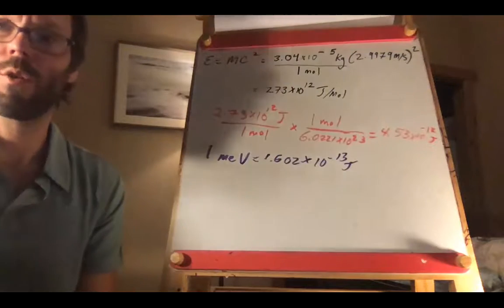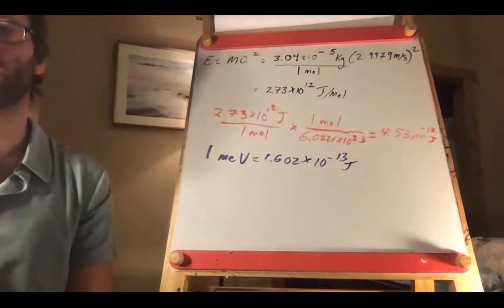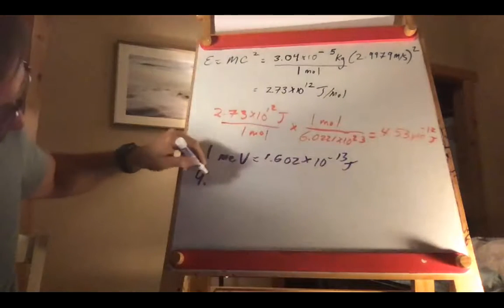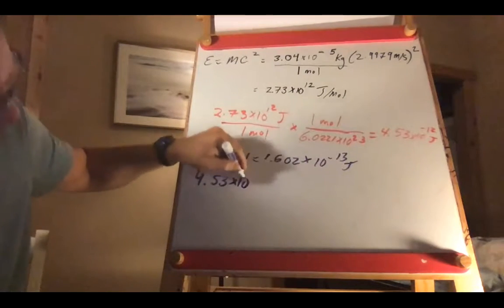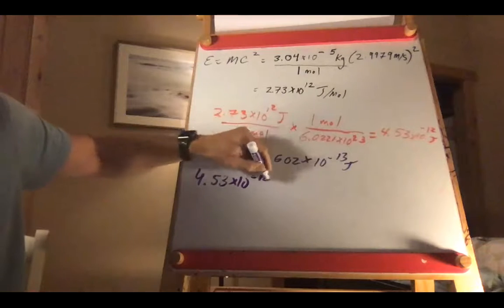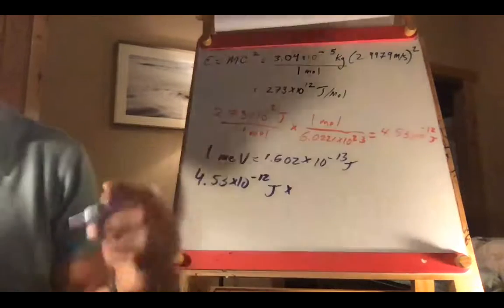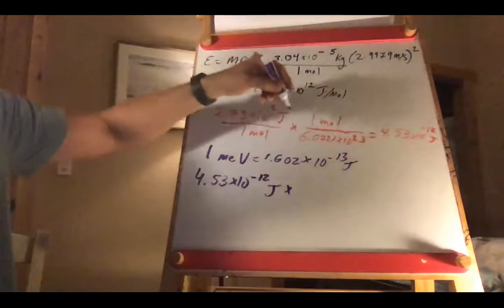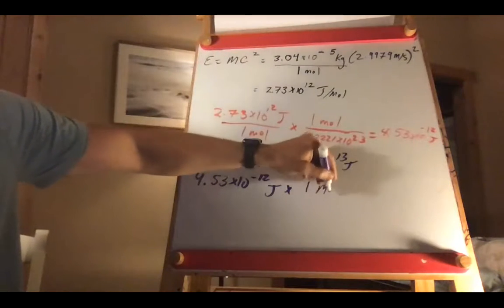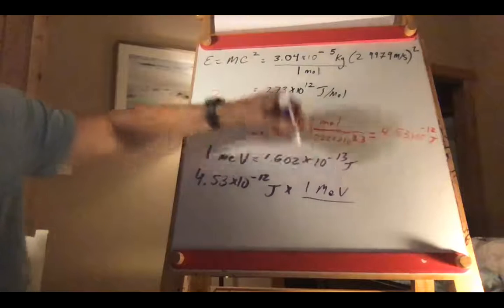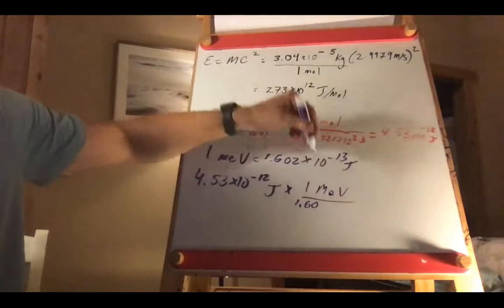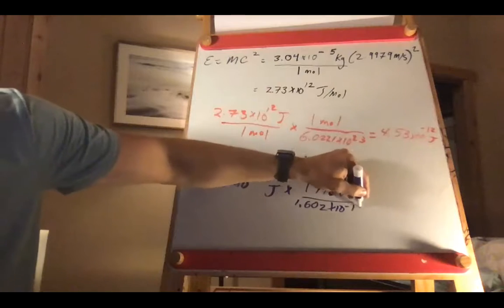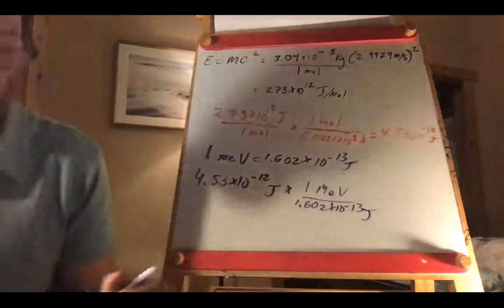So all we have to do is multiply 4.53 times 10 to the -12 joules times that conversion factor, right? So one mega electron volt over 1.602 times 10 to the -13 joules. Cancel our joules.